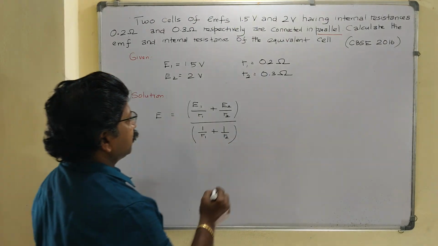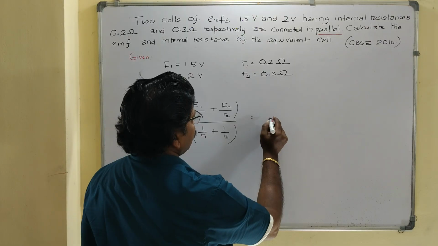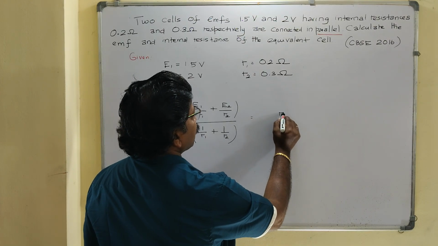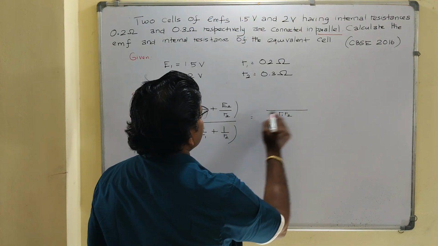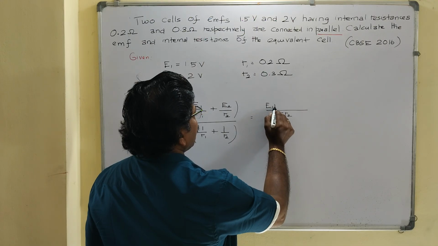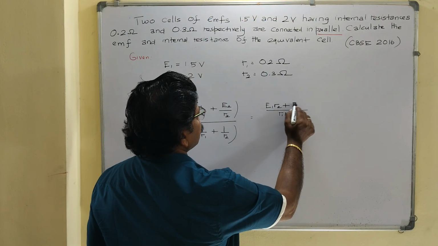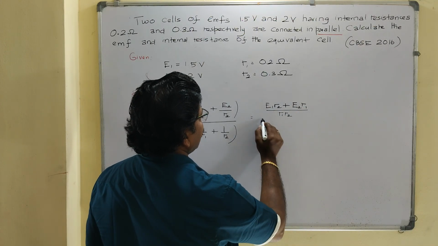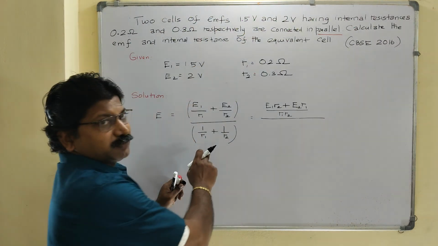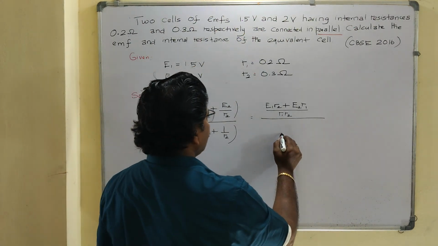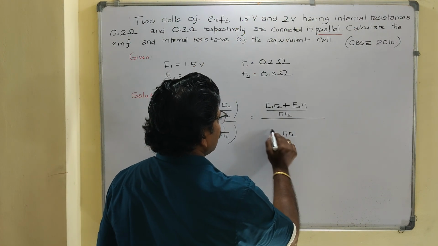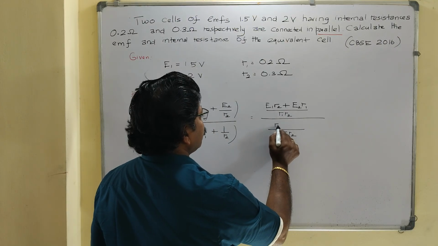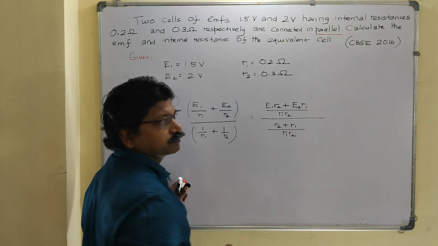Okay, now take LCM of the top, R1 R2: E1 R2 plus E2 R1, divided by, take LCM of the bottom, R2 plus R1.